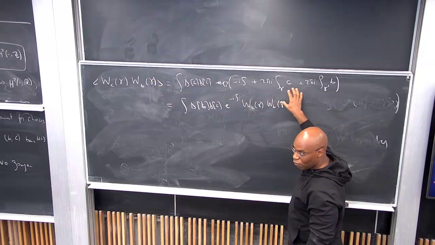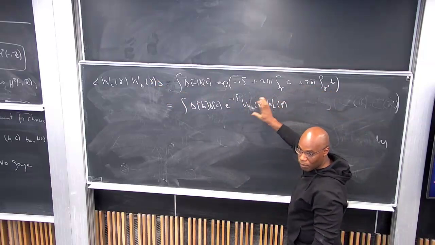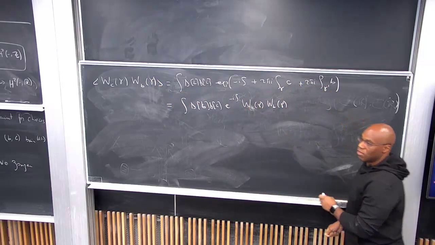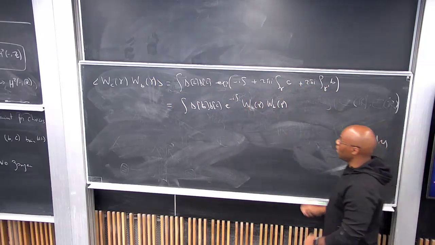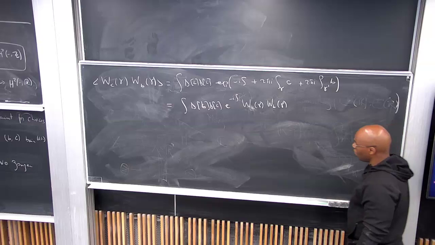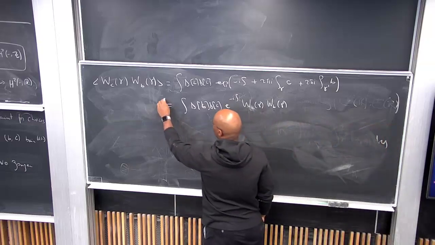So in general, of course, that's not true. If these are operators, I have to worry about commutation rules. But when we evaluate the path integral, these are C numbers, so we can always put them in this way. So this object on top is easy to evaluate.